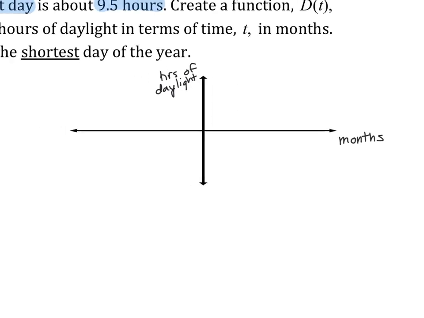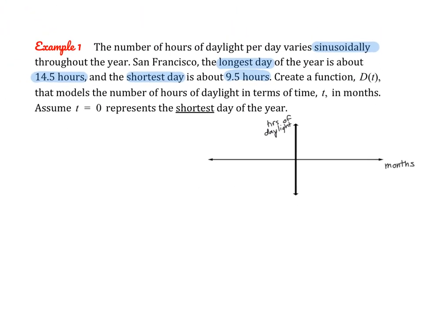A couple important numbers here in terms of our y-axis: we know that the longest day is at 14.5 and the shortest day is at 9.5.